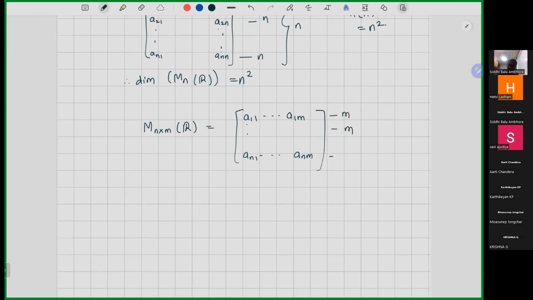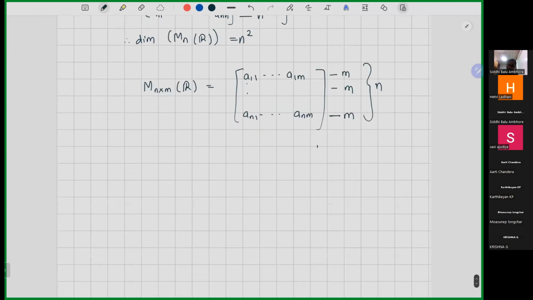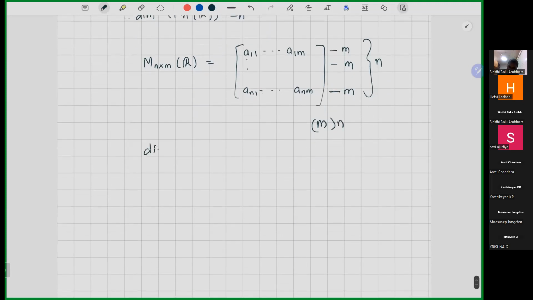Here m many elements, here m many elements, and how many rows? n rows. So it is m into n many choices we have. So the dimension of these rectangular matrices will be n into m.